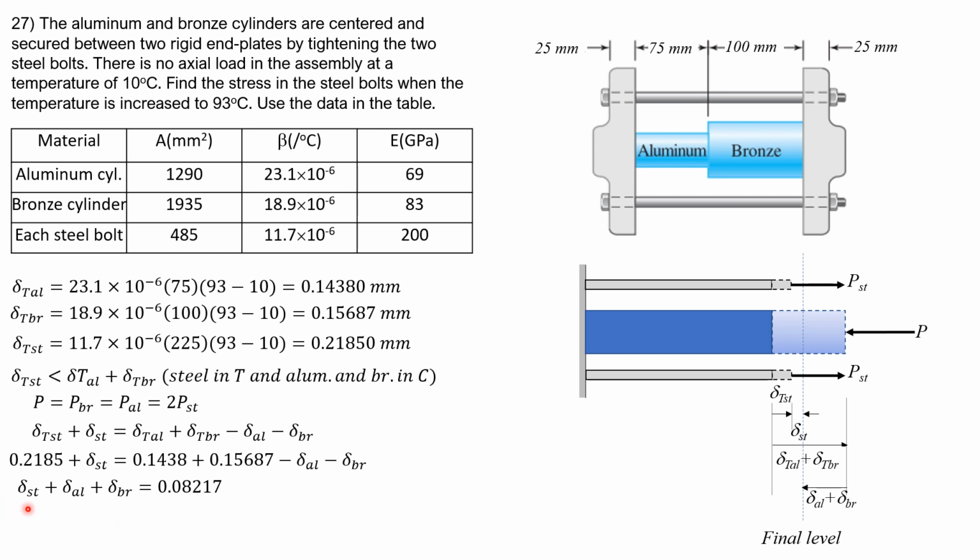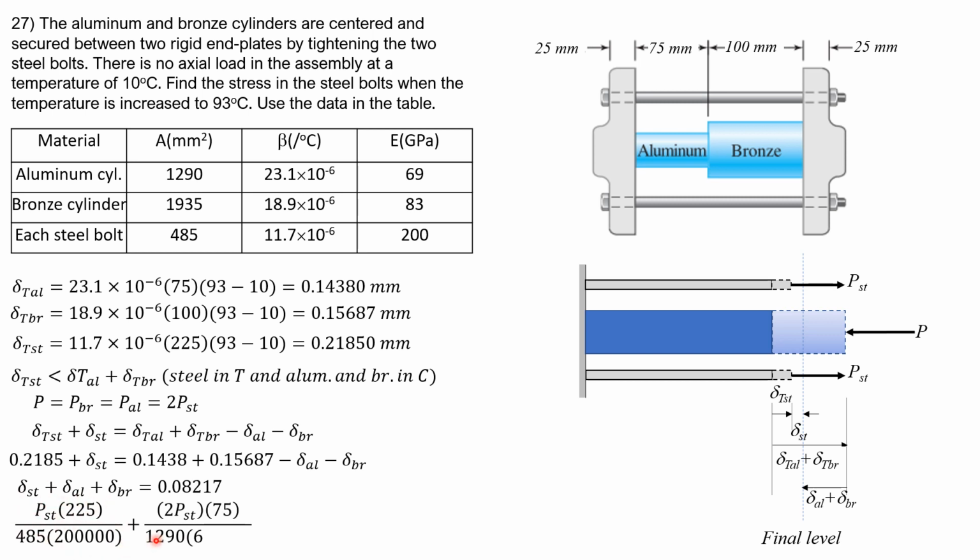So this is equal to force in steel times length of steel divided by area of steel times E of steel. So PST, length of steel 225, area of steel 485, E is 200,000 megapascals to make it mm, and force is in newtons.